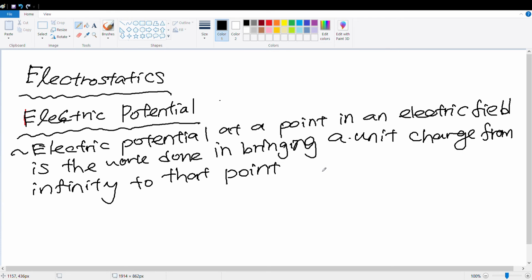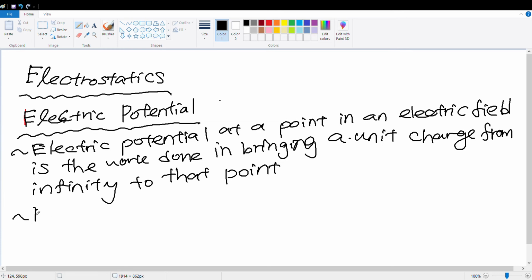To put it more specifically, it is the work done to bring one unit charge from infinity to that point, in the region of an electric field. So electric potential is for one unit charge.